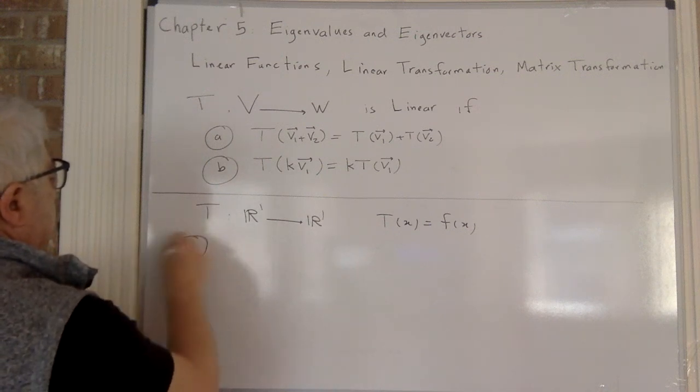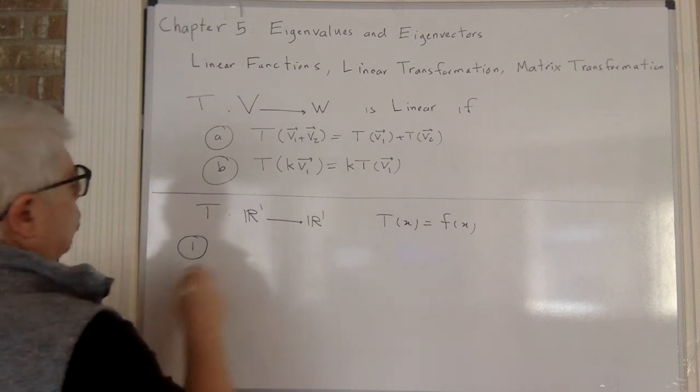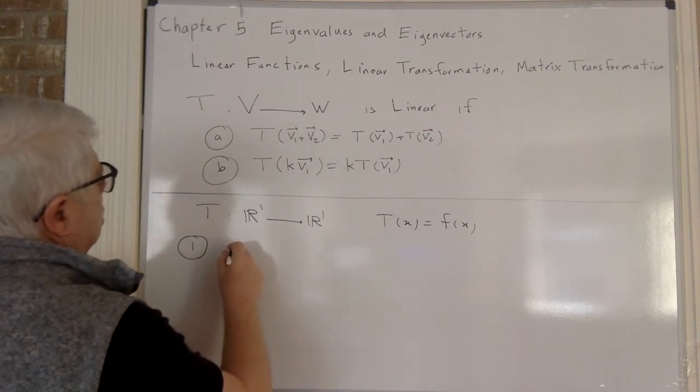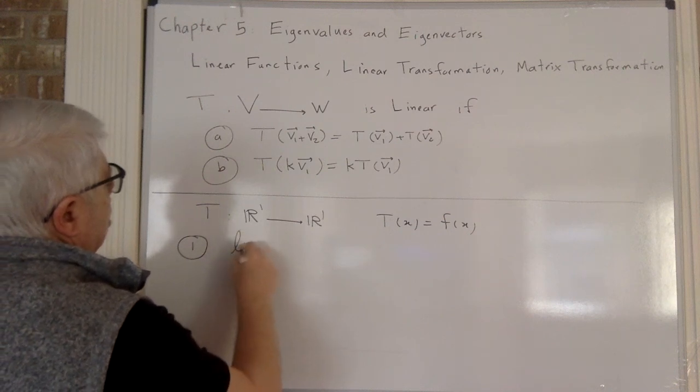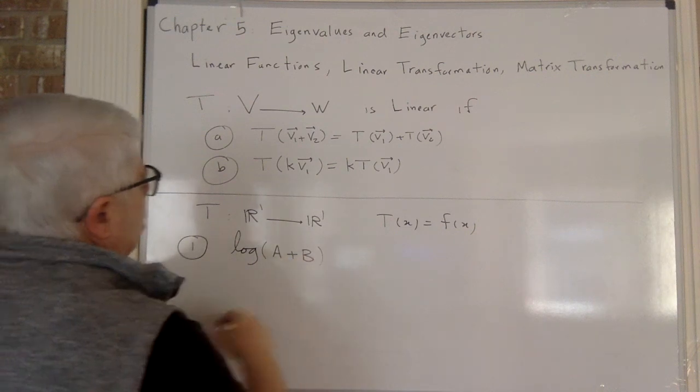Now, there are some functions that students usually treat as linear. The first one, which is the most common mistake, in my opinion, is log. You might have made this mistake in college algebra.